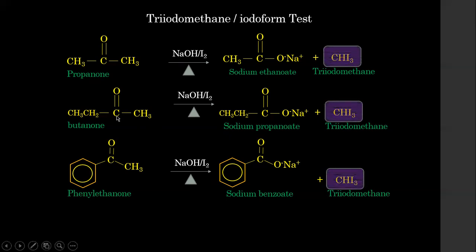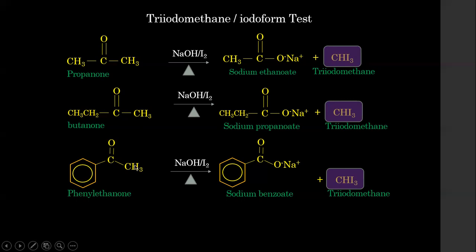Similarly, butanone produces sodium propanoate, producing triiodomethane also. Phenylethanone reacts, giving sodium benzoate plus triiodomethane. All have triiodomethane as a product. This triiodomethane is coming from CH3.